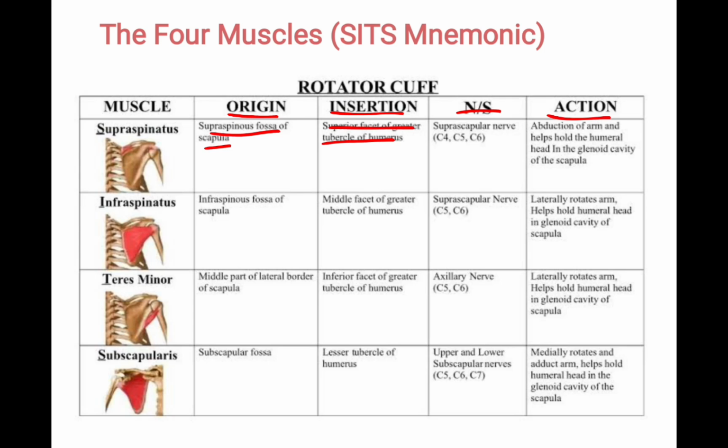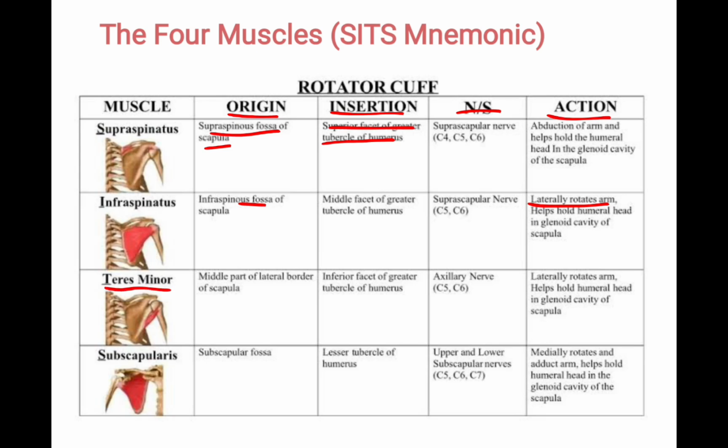We have the infraspinatus, which originates from the infraspinous fossa of the scapula and inserts into the middle facet of the greater tubercle of the humerus, has a nerve supply from the suprascapular nerve, while the action, it laterally rotates the arm and helps to hold the head of humerus in the glenoid cavity. We also have the teres minor.